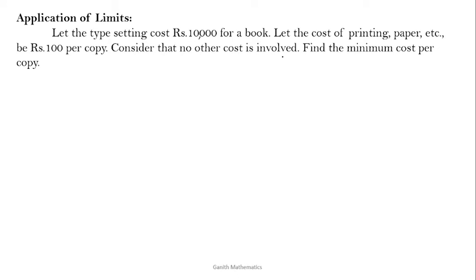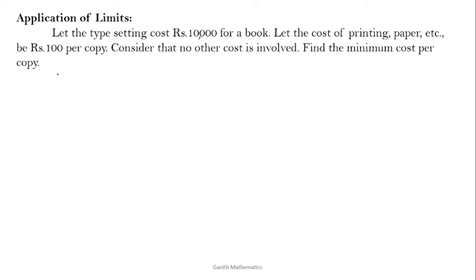So what will be the minimum cost? We can get the book at the minimum cost. So that is what I am going to do. In general, please think about this. The typesetting cost for a book is a one time cost, right? So only one time we are paying the 10,000. After that we are not going to pay that.